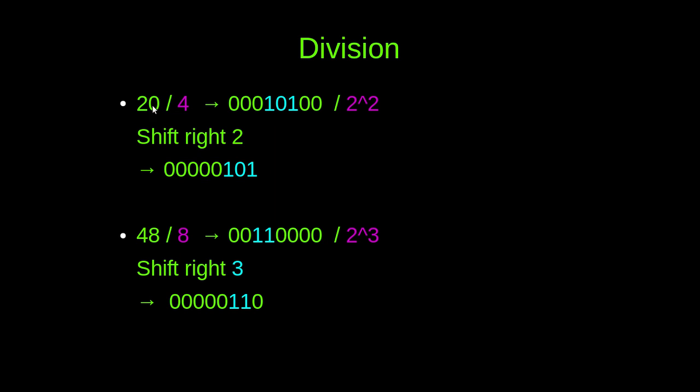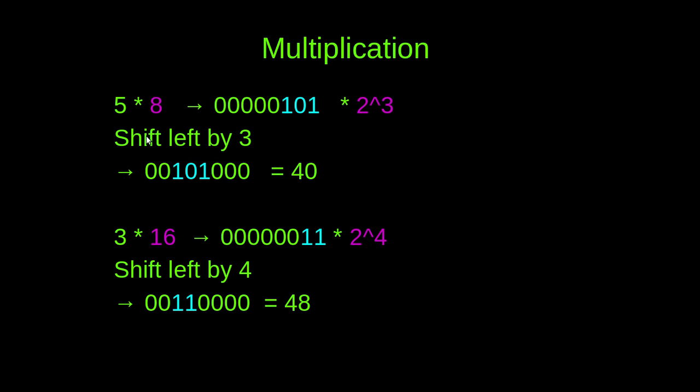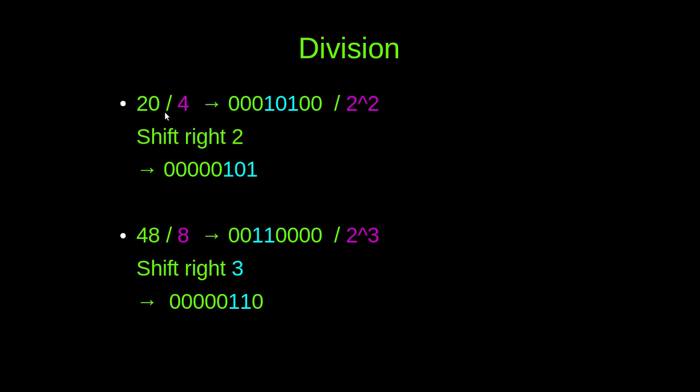If we're doing division, we shift right. Multiplication, we shift left. Division, we shift right. Remember, the number is going to be smaller, so it has to shift right, if you forget which. So 20 in binary is going to be what? 2 to the power 0, 2 to the power 1, 2 to the power 2, which is 4, 2 to the power 3, 2 to the power 4, which is 16. 16 plus 4 is 20.